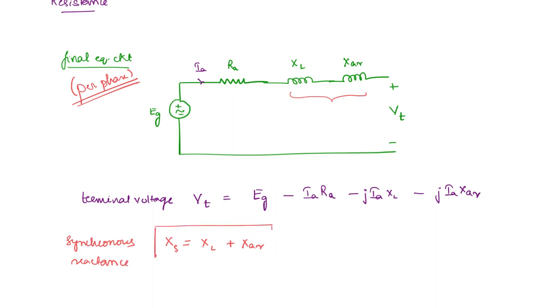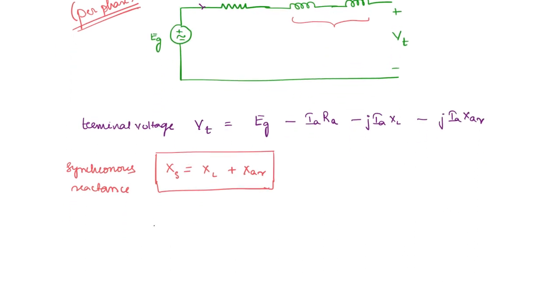Okay, so you can express the terminal voltage as Vt equal to the generated voltage, or you can say the no load voltage, minus Ia times Ra plus J times Xs. Okay, so if the armature current is 0, the terminal voltage will simply be equal to the generated voltage. Now this combination Ra plus Jxs, we write as Zs. We call it the synchronous impedance.